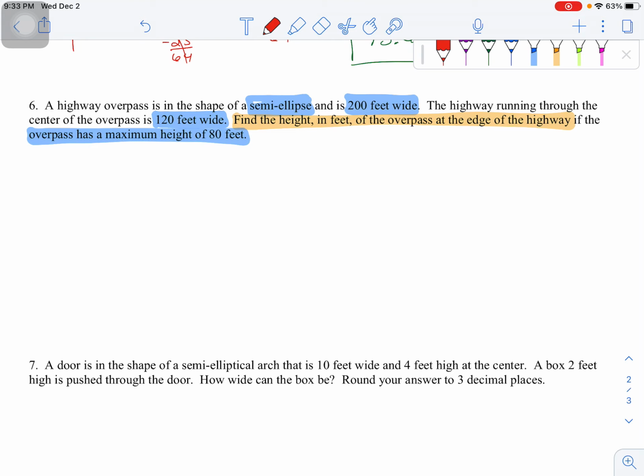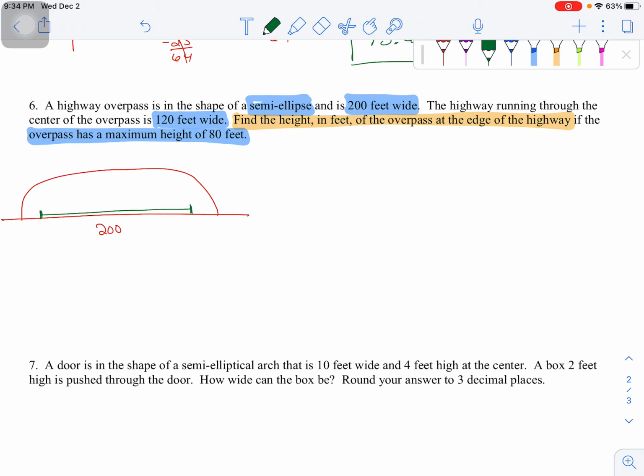So I want to translate this into a picture for myself. Okay, so the semi-ellipse looks something like this, and the semi-ellipse is 200 feet wide.